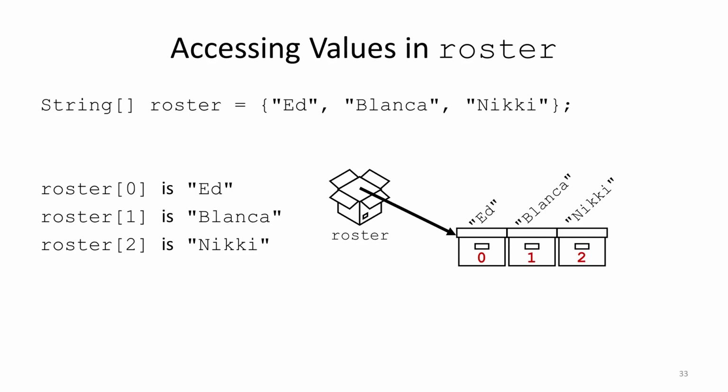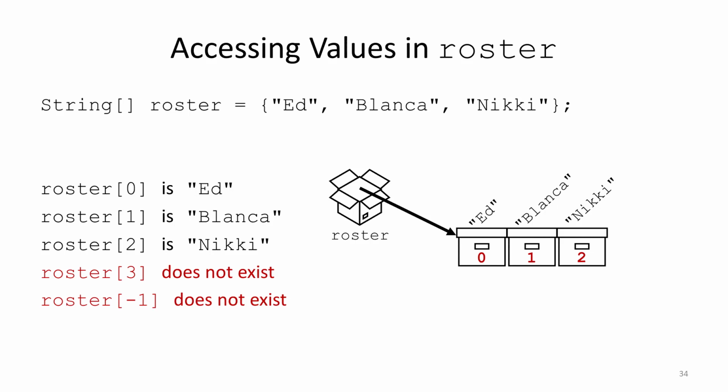So that notation, array subscript or array index notation, you can take that and do whatever it is that you do with a string. You can use the length method, you can use toUpperCase, toLowerCase, or even substring. But only indexes 0, 1, 2 are valid for this example.